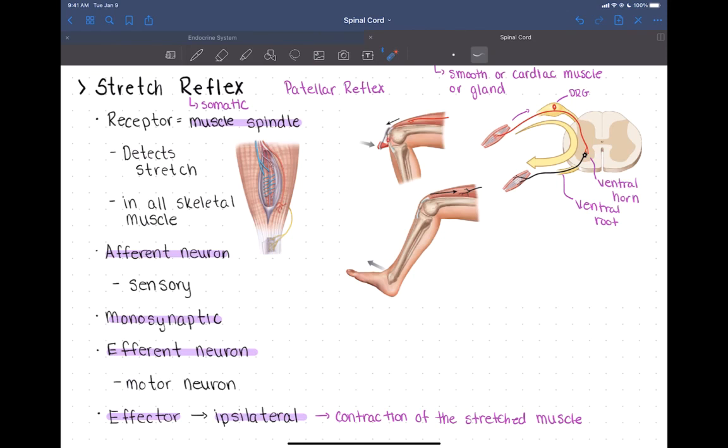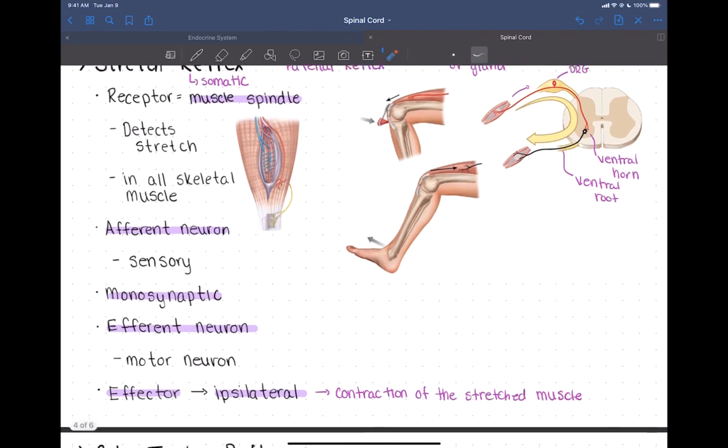That causes the tendon to bend inward, which pulls on this muscle, pulling it forward and causing it to be stretched. That sudden, unexpected stretch is what triggers this reflex. So you're stretching out the quadriceps muscle by hitting the tendon. Good, so that's our stretch reflex.